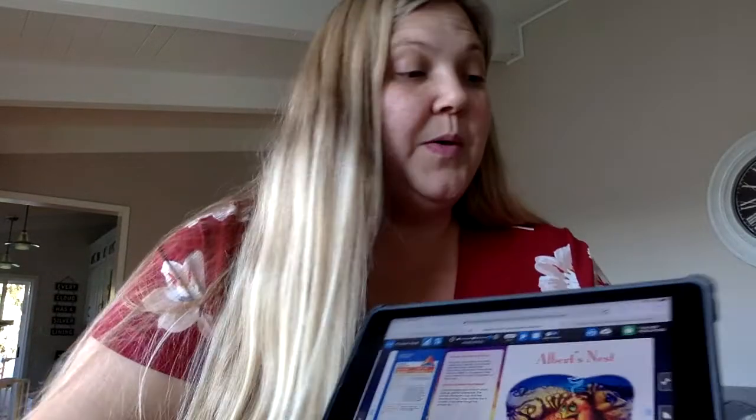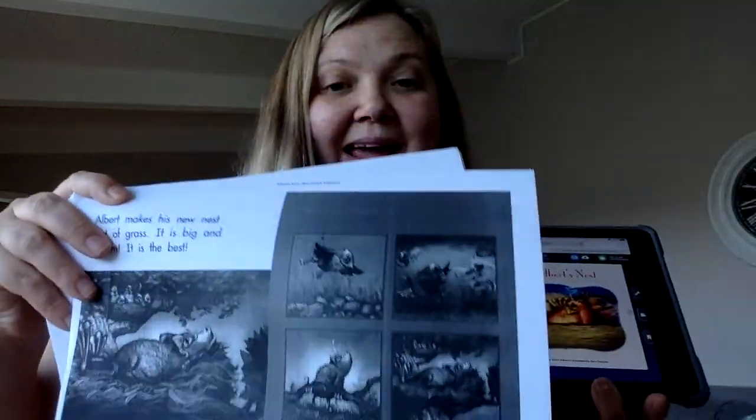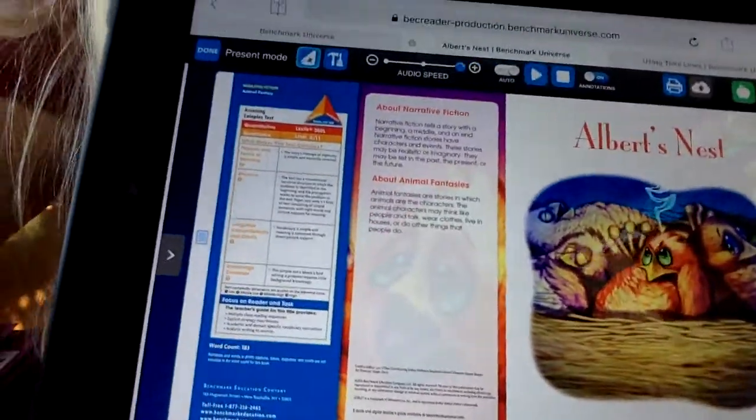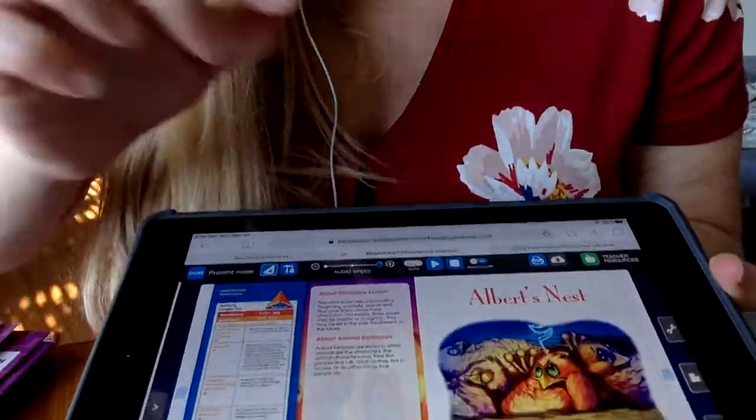I predict that in the middle. I predict that at the end. Okay. All right. Here we go. Please follow along in your packet. And I'm going to use the iPad so you can see the pictures in color and follow along here.